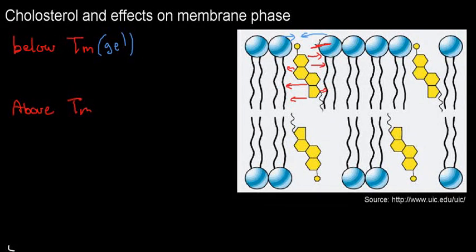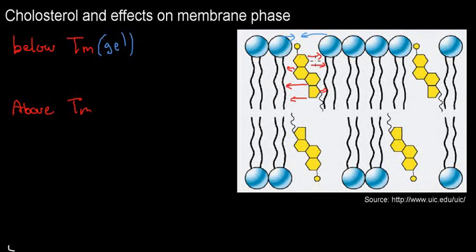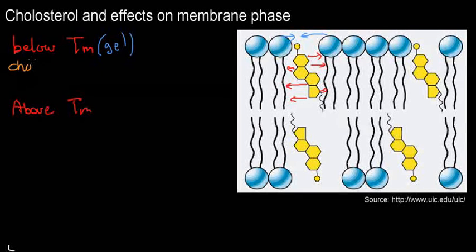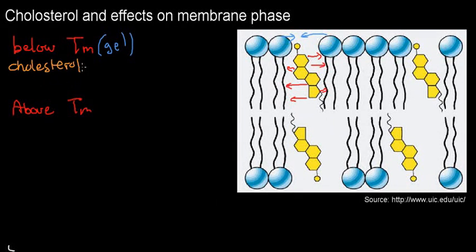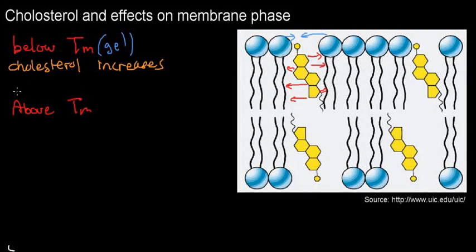Well, these guys want to get closer because it's below the transition temperature, and cholesterol is pushing them away, making things more fluid. So below the transition temperature, cholesterol increases fluidity.